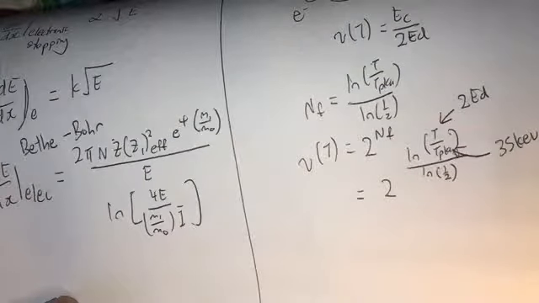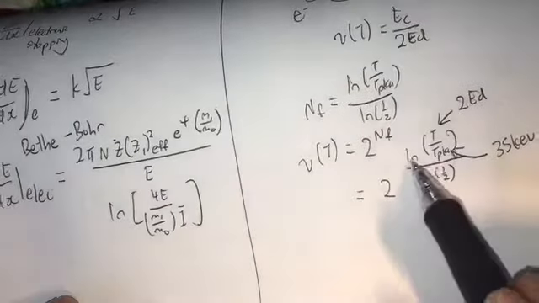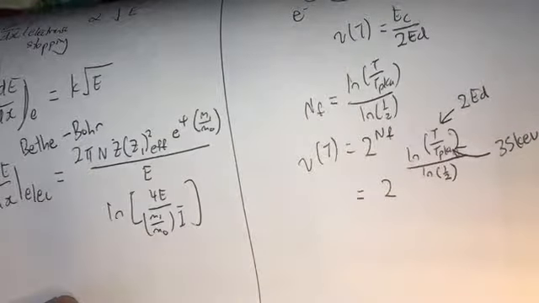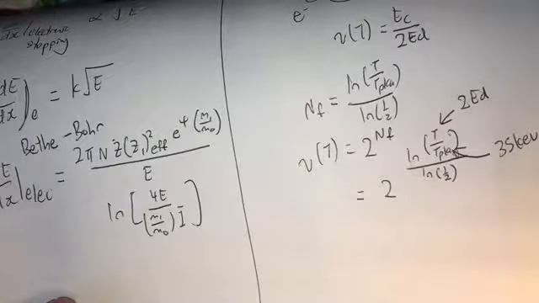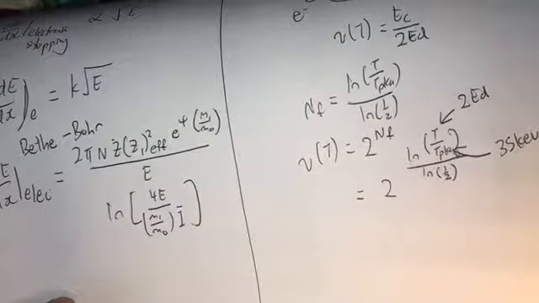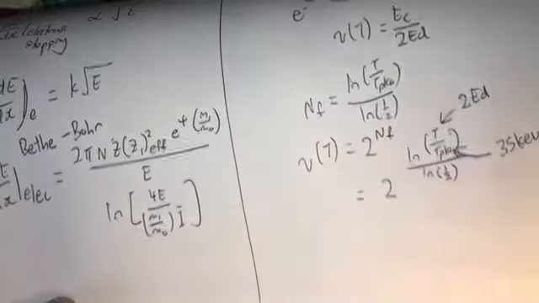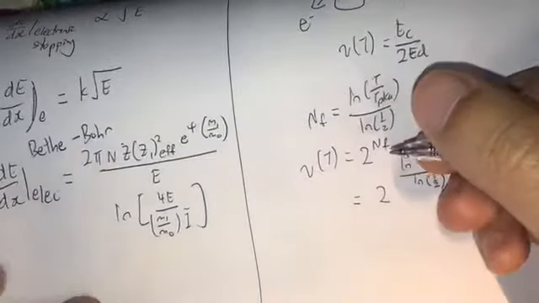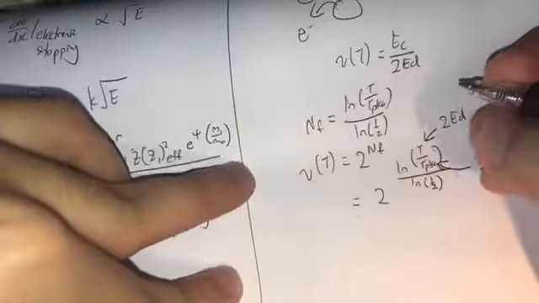So what can we do? First, we might want to change the base of this logarithm. Let's change the base of this logarithm to base 2. So let's do that.